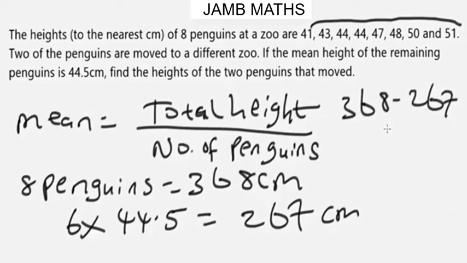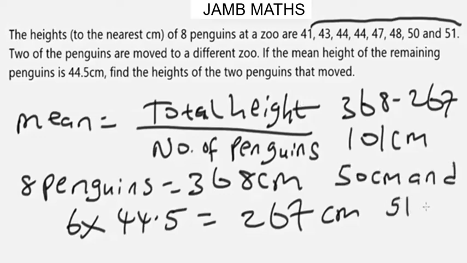So when you punch it in the calculator, you're going to have it to be 101 cm. Alright, so basically the height of the two penguins that moved must be 50 cm and 51 cm, because when you add 50 cm and 51 cm, you will get 101 cm. Right, so that's the logic behind this question.